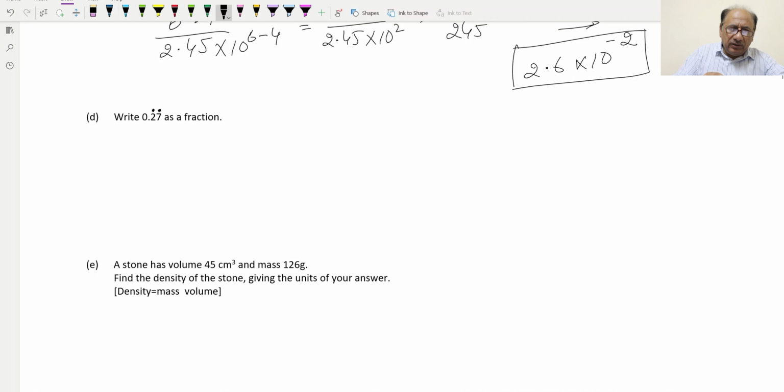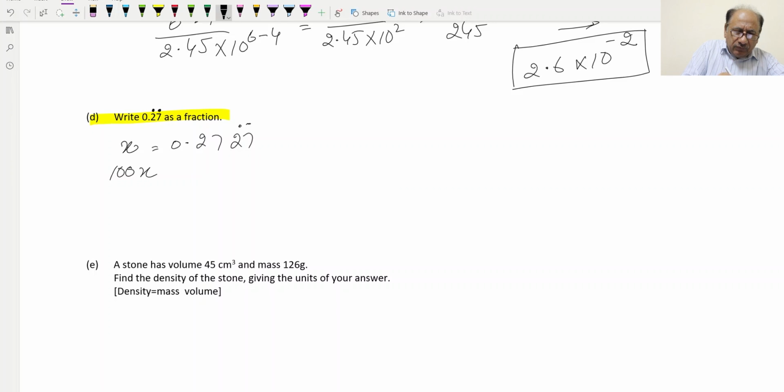Now D part is saying we have to write this recurring decimal as a fraction. So we can write x is equal to 0.2727 recurring, and we will multiply this by 100.